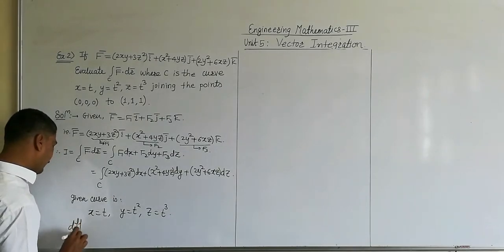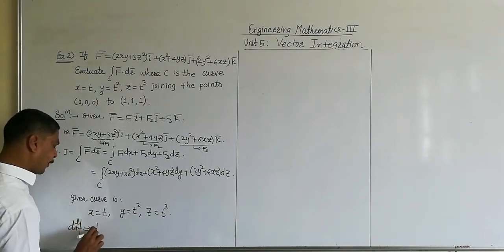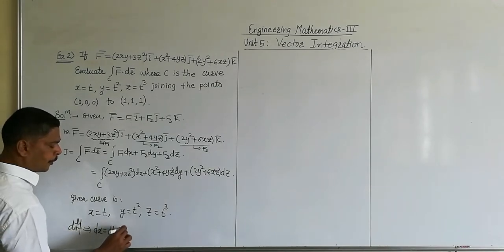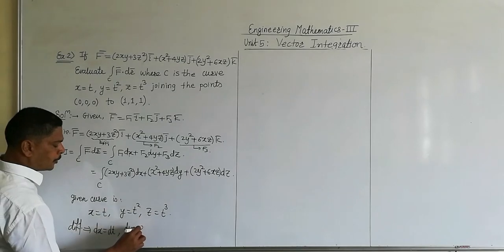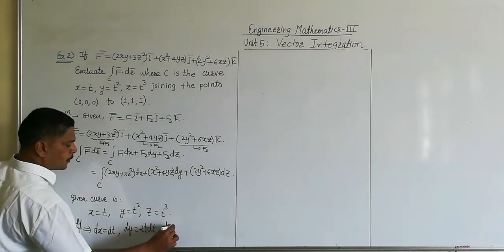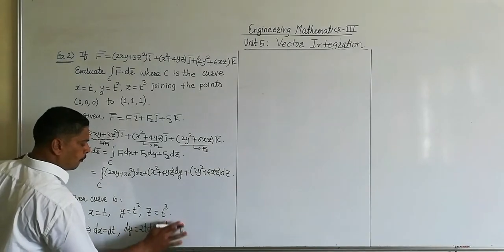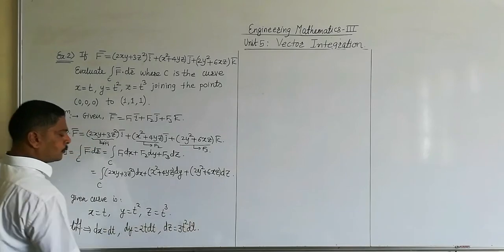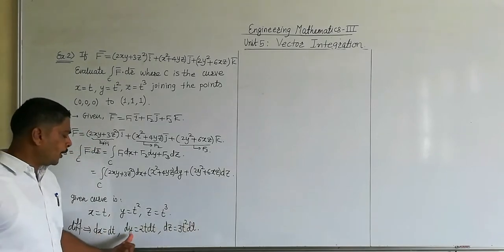After differentiating, we get derivative of x is 1 into dx, derivative of t is 1 into dt, comma derivative of y is 1 into dy, derivative of t square is 2t into dt. Similarly, derivative of z is 1 into dz is equal to derivative of t cube, becomes 3 into t square dt. Okay. So in that way we get value of dx, dy, dz.